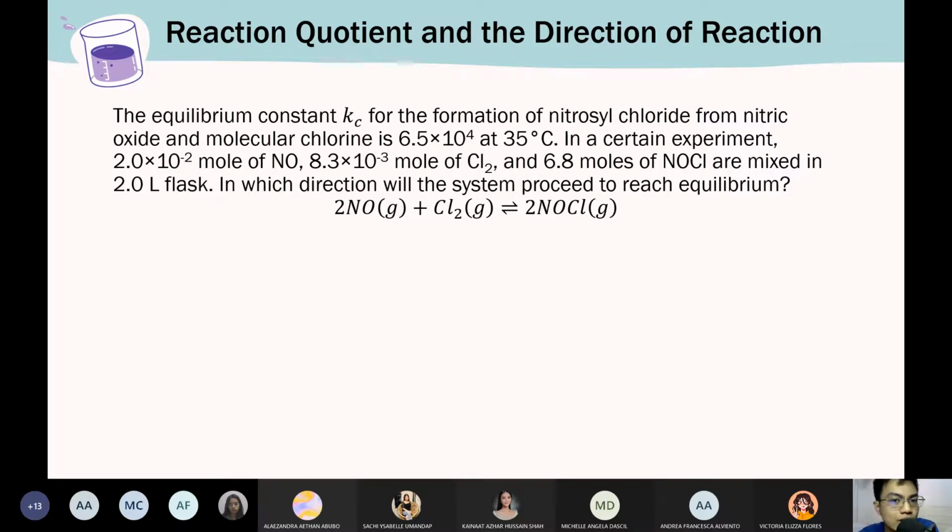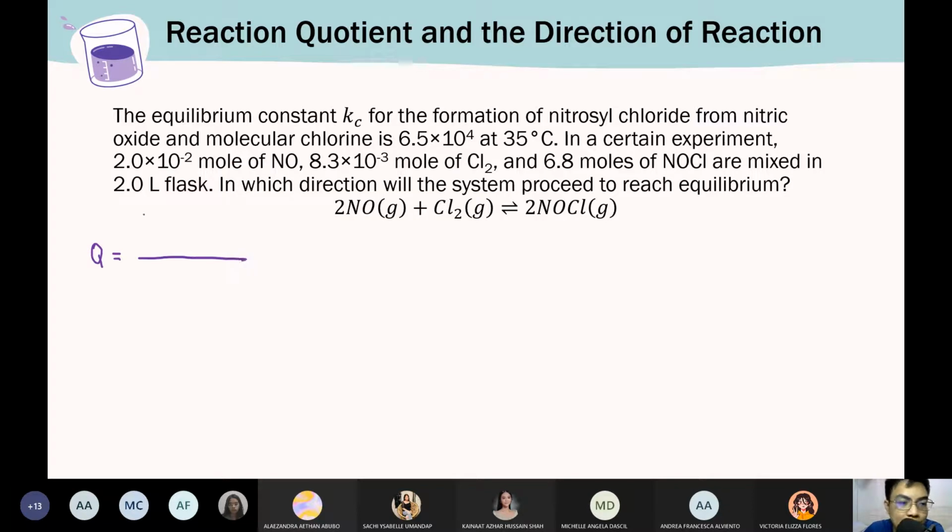So, nakita nyo naman yung question. It asks for direction. Pag nagtanong ng direksyon, ang kailangan mo yung Q. So you need Q in order for you to get the direction of the reaction. So first thing na gagawin niya, of course, to write the Q expression.